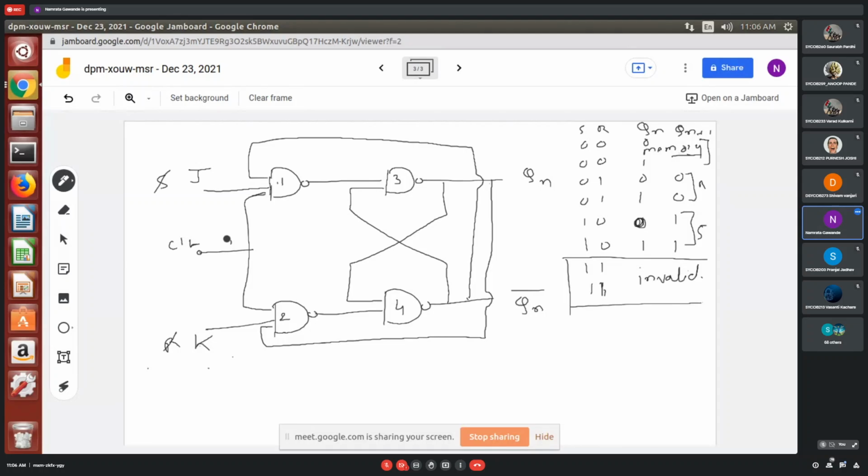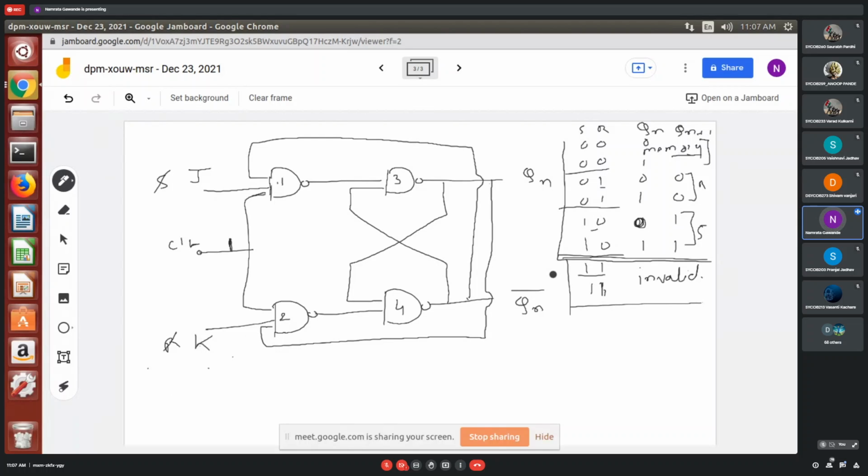If the clock is 1, again you need to go through all these steps: 0, 1, 1, 0, and 1, 1. But for 0, 1 and 1, 0, there is no change. Whatever the SR output is, you get the same output for the JK. So this part is the same for the JK flip-flop for all these conditions. This is one condition, this is the second condition, this is the third condition.